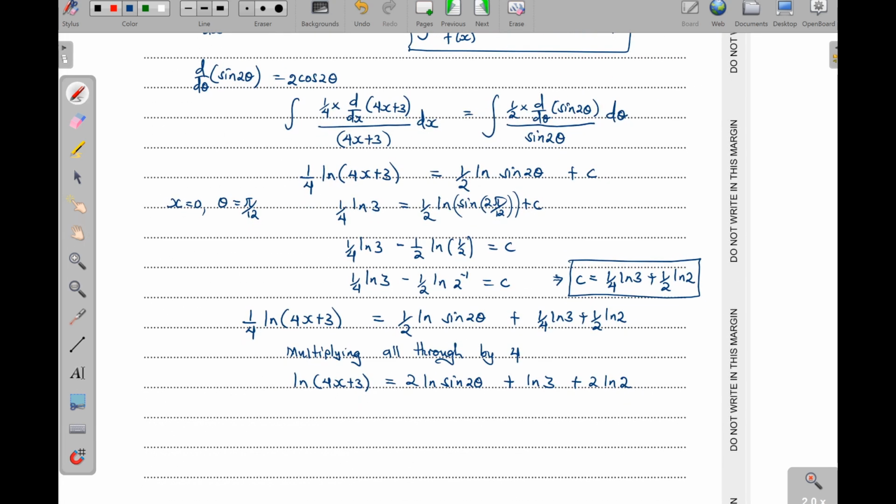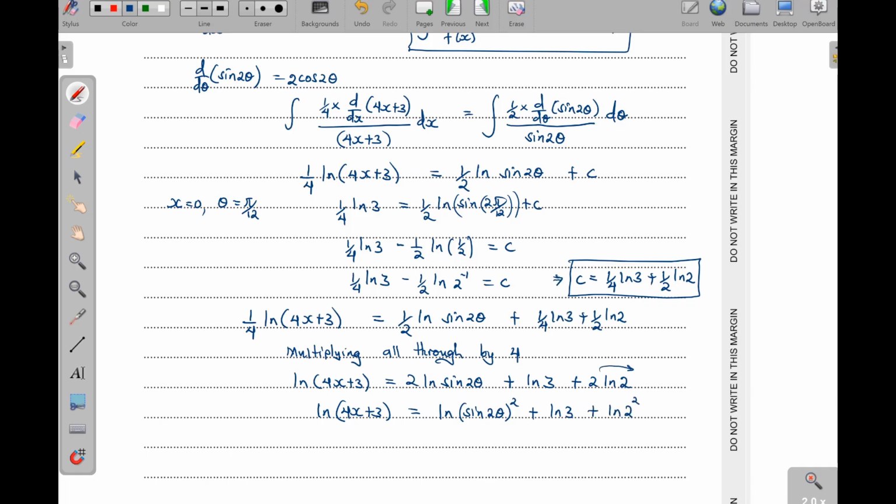These ones here, I can put them on one side. Okay? I can simplify the natural logarithms and then I eliminate it. So this one, take the 2 here. If I take the 2 there, then it will be sine 2 theta, then squared, then plus the natural log of 3, then plus the natural log of 2 squared.